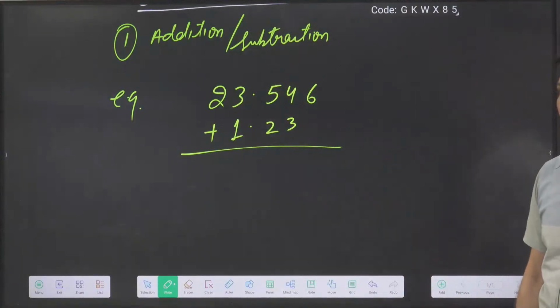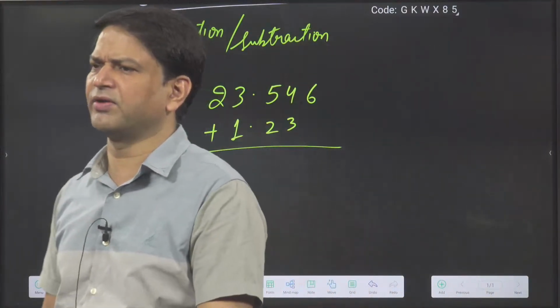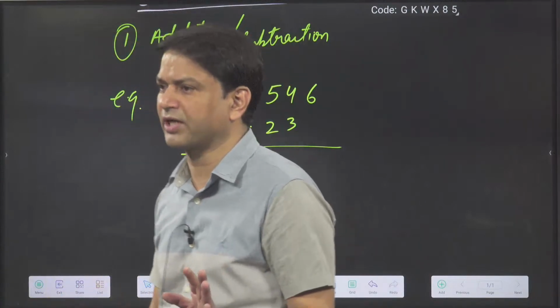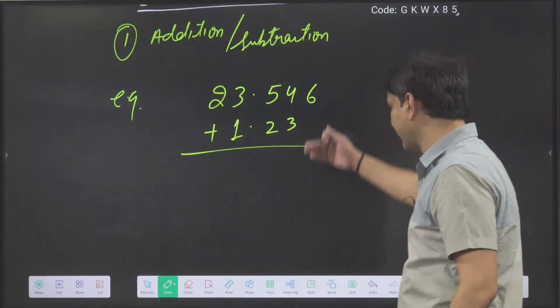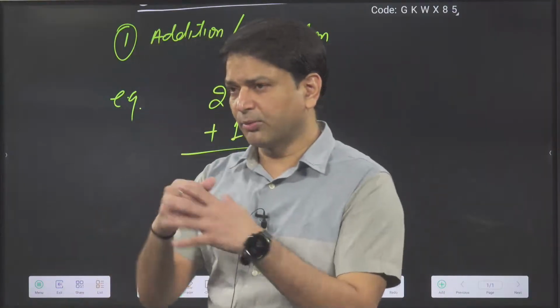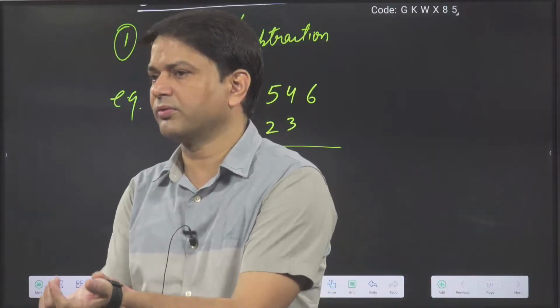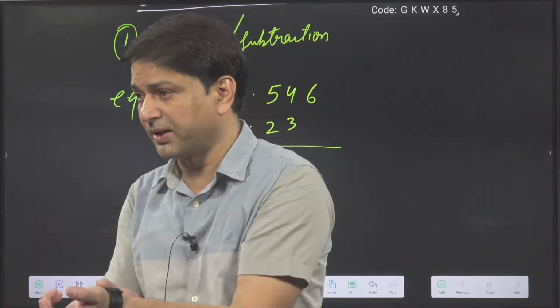You have to write the answer up to the correct significant figures, following the rule of significant figures. When you are adding, first we will do the normal addition. And one more thing: suppose we have to write the answer up to 1 decimal place.